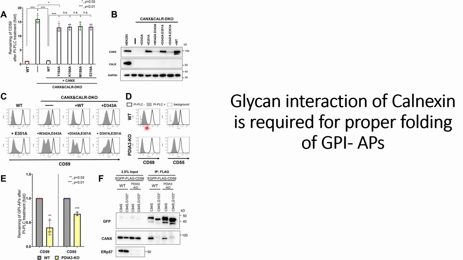in the wild type case, there is a recovery of, or the signal of the CD59 after PI-PLC treatment goes down, and this is in line with these PDI-A3 knockout cells where PDI-A3 has been knocked out.